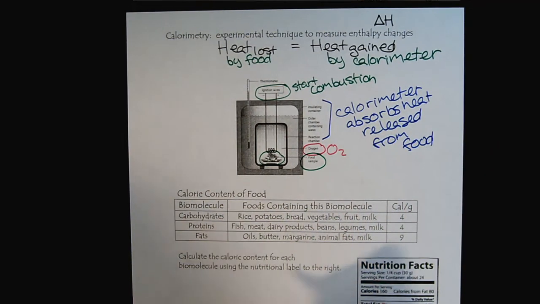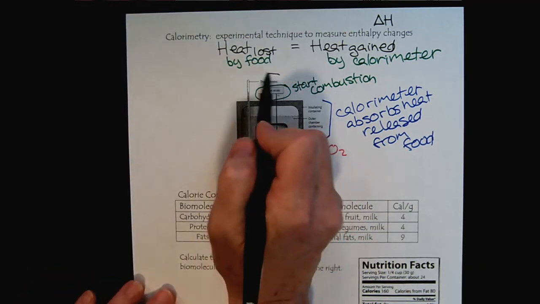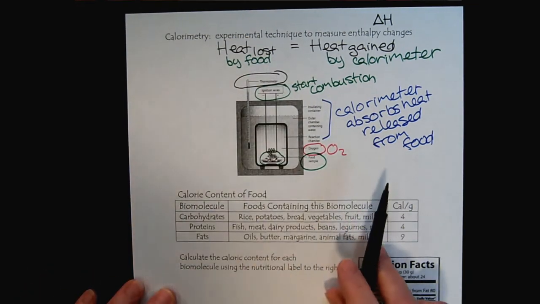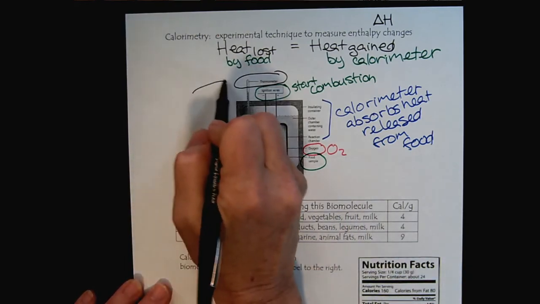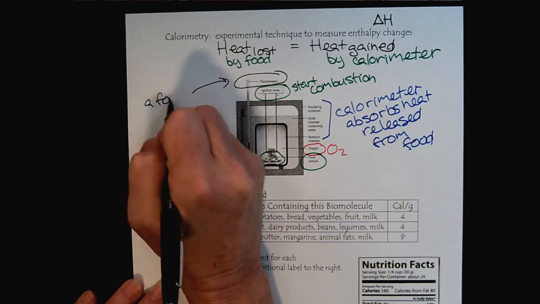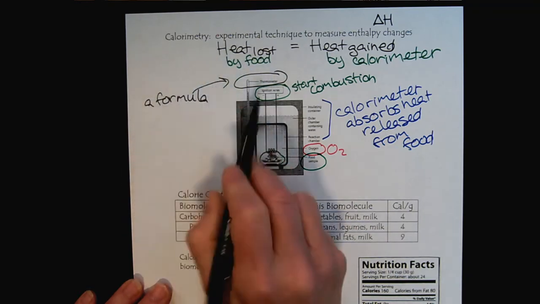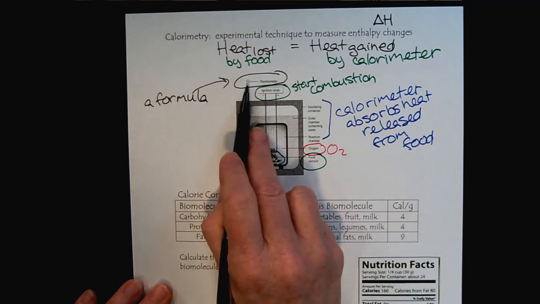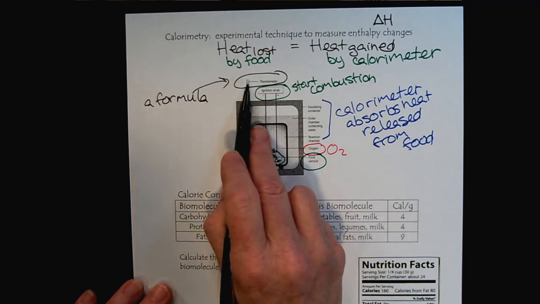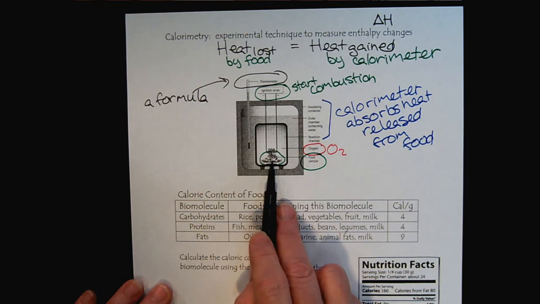Alrighty. And so then all of the measurements hinge on this thermometer. There's a lot that goes into this, details that we're not going to talk about. Basically, there's a formula that's been derived, and we can look at the change in the temperature, and the increase in the temperature can be correlated to the calorie content of the food.